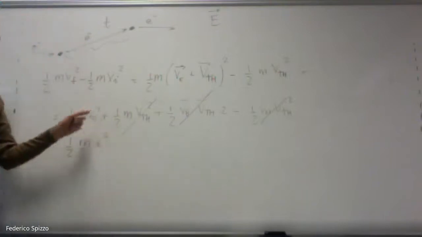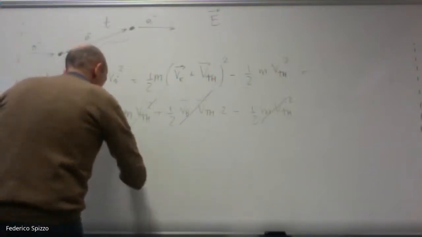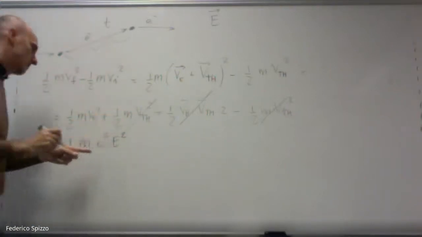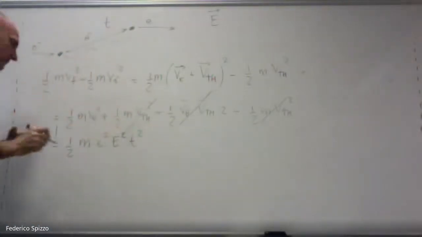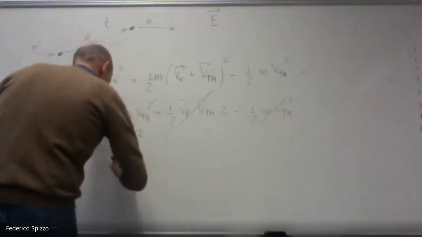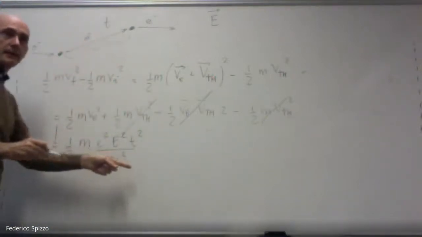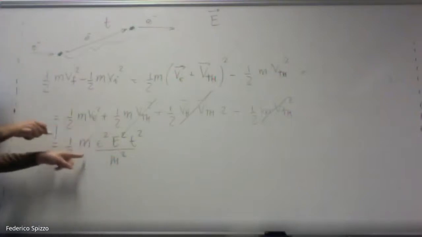So I have e squared, because I have the square of the electronic charge, electric field to the power of 2, t squared, divided by m squared. Here I may simplify the square of the mass with the mass that I have here.